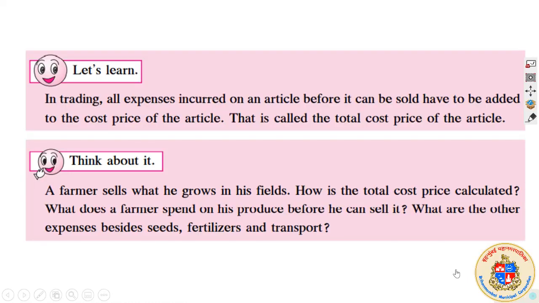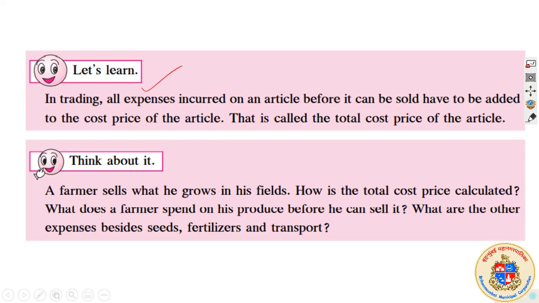Another thing you learned was, whenever we are calculating the cost price, it will include all the expenses that you met for procuring that particular item. The cost price of the article depends upon all expenses that were incurred.